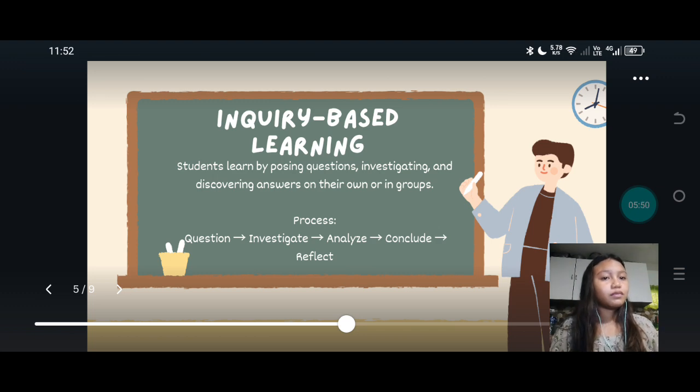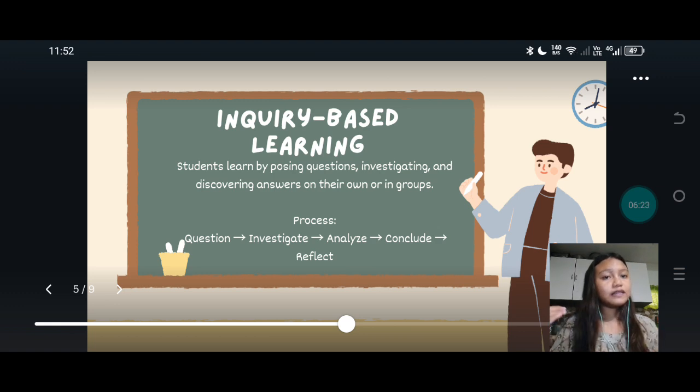Inquiry-based learning is a curiosity driven approach or method. The process will be the question: the student will question something, and then they're going to investigate it, or search for further information on it, and then they will analyze all the information, conclude, and then reflect on it on their own.